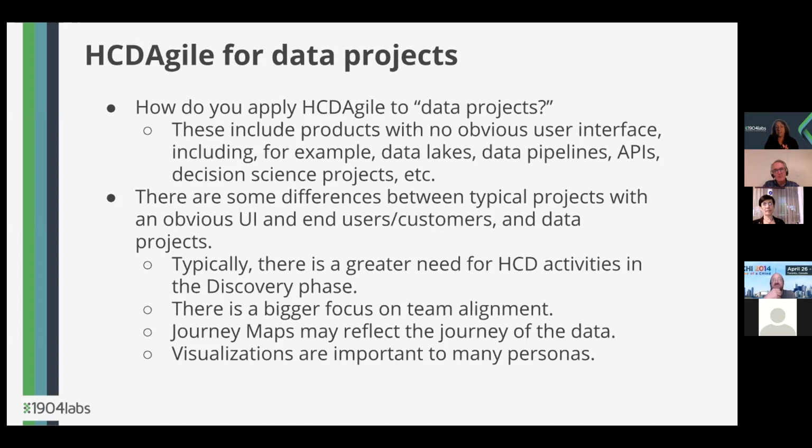And I would say 90% of the time, the client realizes they were not as aligned as they thought they were until we brought them through these activities. So that team alignment is a huge issue. And it seems to be bigger on data projects, maybe because they're so intangible. So having these HCD type activities on data projects really brings about that necessary alignment.